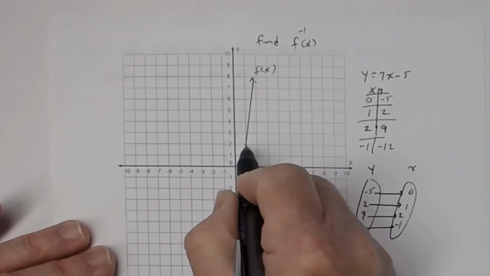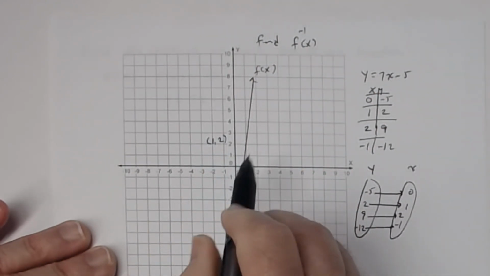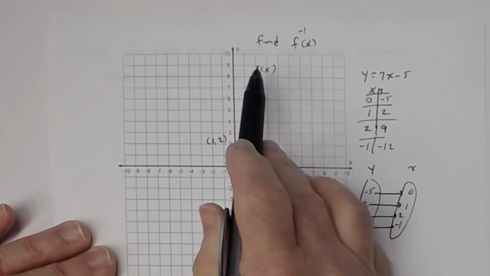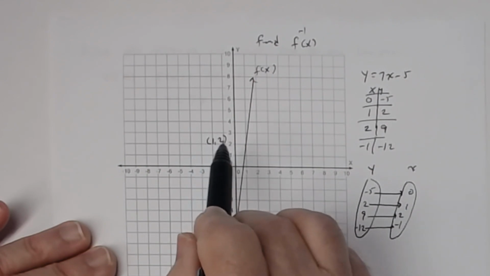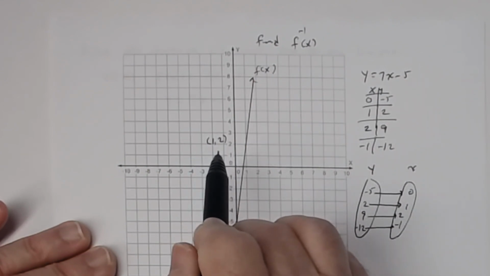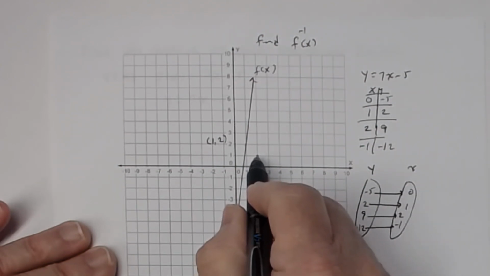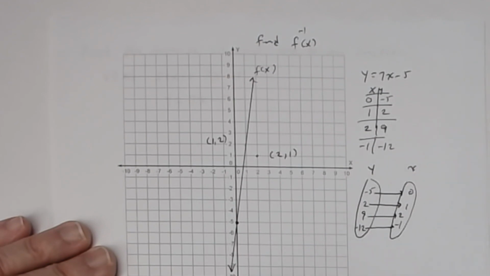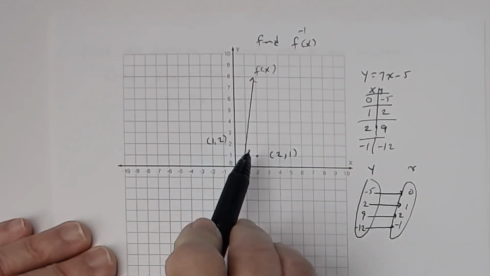We had 1, 2, so 1, 2 is on the graph of f of x. If you interchange the coordinates, 2, 1 is going to be on the graph of the inverse. So the x becomes y and the y becomes x.